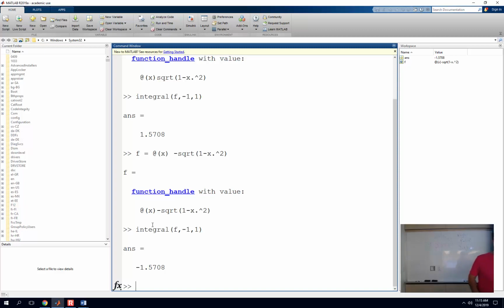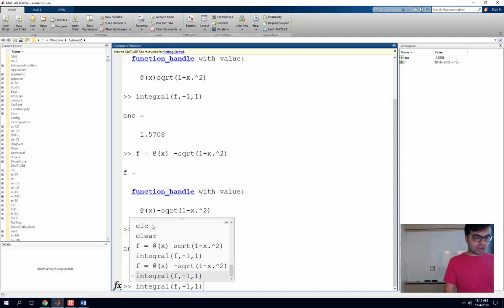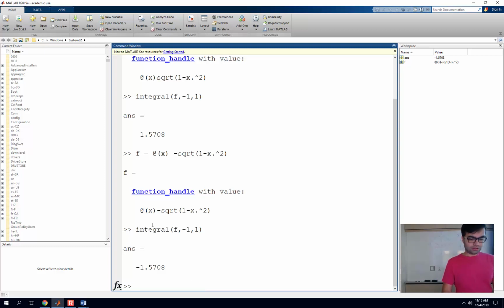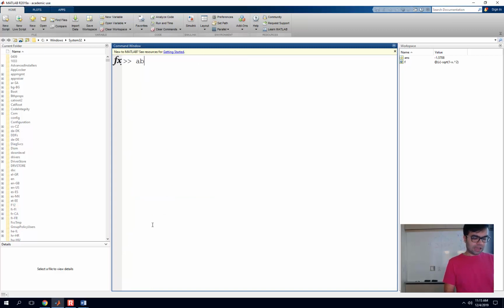So basically, I will have to do this. Integral of this, so let me CLC, absolute value of integral of f between -1 and 1. This was my positive side.